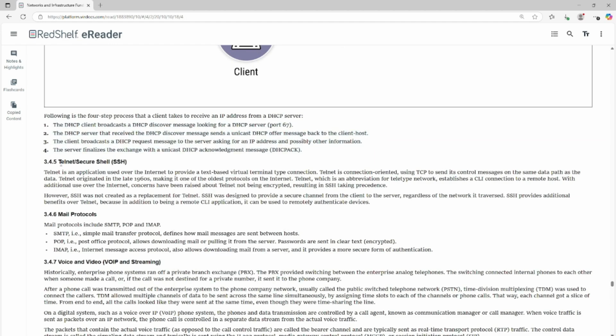Telnet, we've talked about that, which replaces FTP. What is very important for you to keep in mind here is Telnet is on port 23. Just for clarification, Telnet is an application used over the internet to provide a text-based visual terminal type connection.